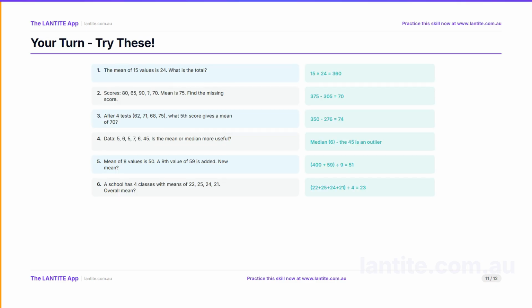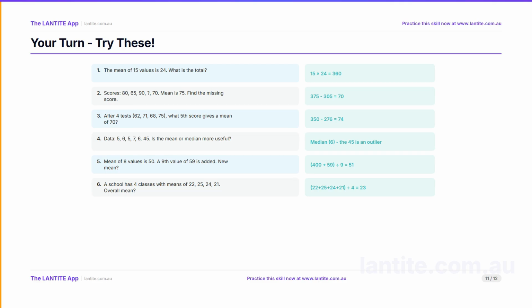Pause the video and try these 5 problems. Problem 1. The mean of 15 values is 24. What is the total? Problem 2. The scores are 80, 65, 90, a missing value and 70, and the mean is 75. What is the missing score? Problem 3. After scores of 62, 71, 68, and 75, what fifth score gives a mean of 70?